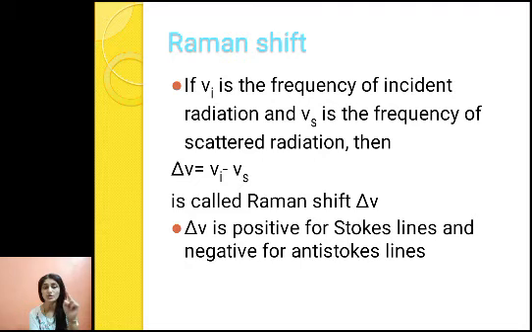That means nu S is less than nu I, and so the Raman shift delta nu will be positive. For the anti-Stokes line, the frequency is higher. That means nu S, the frequency of scattered radiation, will be higher, and so the difference nu I minus nu S will be negative.